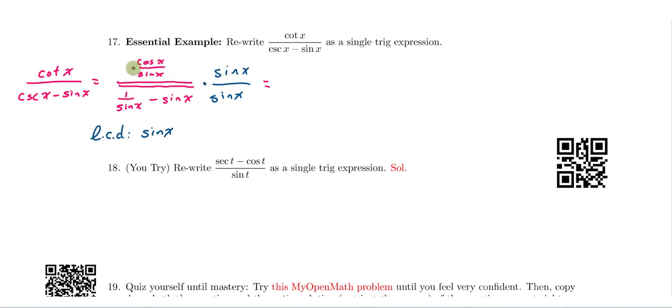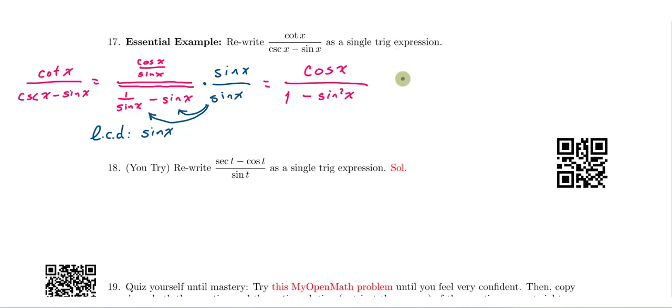When I multiply the numerator of the major fraction by this factor of sine of x, I'll just be left with a cosine of x, all divided by, and then in the denominator, when I distribute this sine of x to both terms, we end up with 1 minus, and then sine of x times sine of x will be sine squared of x.